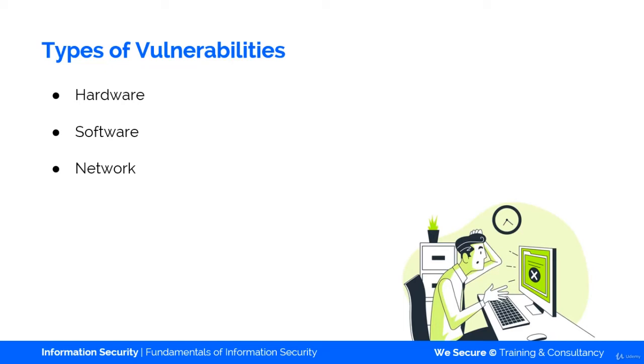Then single point of failure and insufficient security training are types of personnel vulnerability. You might have seen that many organizations have started holding information security training sessions, because due to this COVID pandemic, all the businesses have started running remotely, and that is why there is a need for information security.